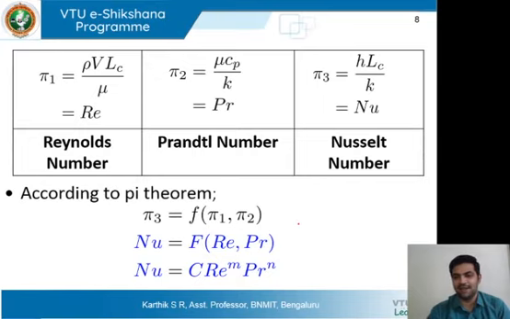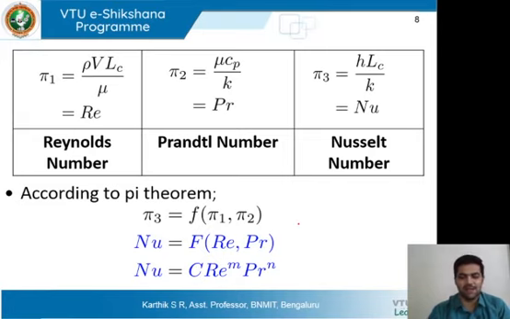We have already come across this at the start of today's lecture. According to the pi theorem, you can express the dimensionless groups as functions of other dimensionless groups, which leads us to the conclusion that the Nusselt number is a function of the Reynolds number and Prandtl number. And usually it is a power law function.